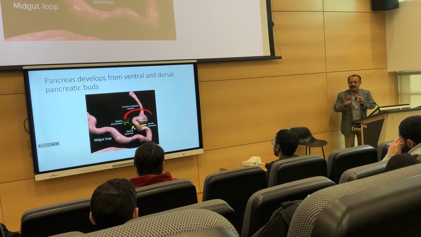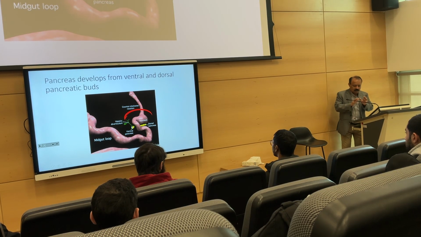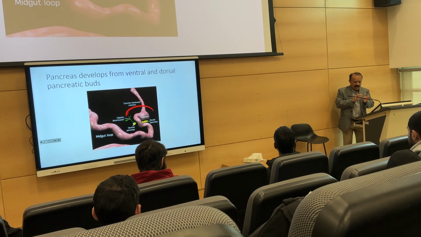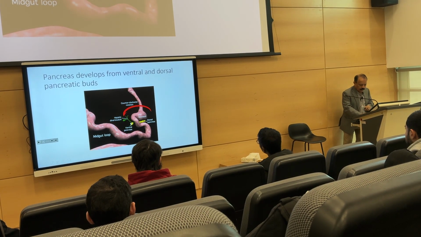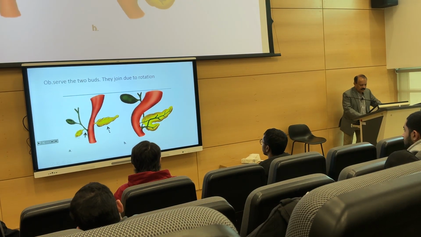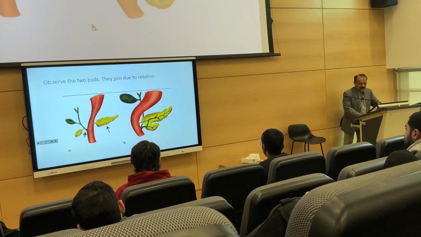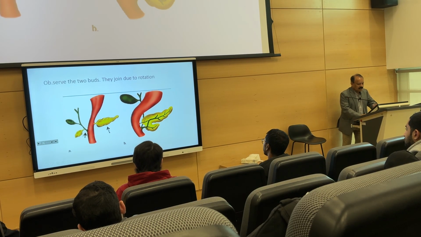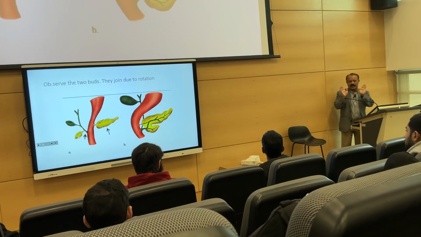So when the stomach has moved, this ventral bud goes from posterior and joins with the dorsal one. What I'm saying is, this is the bud, and this is the bud. So when it moves, see, it's joining together. This one moves from posterior and joins from here.